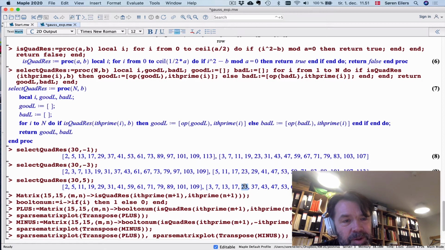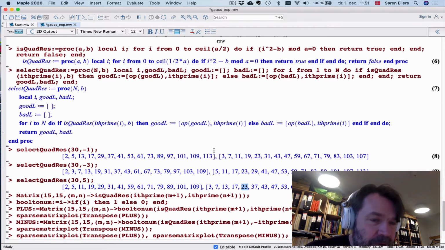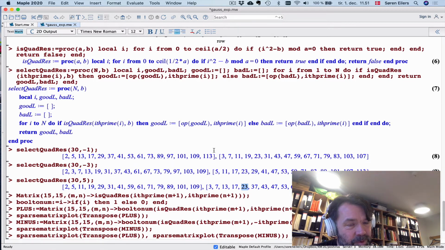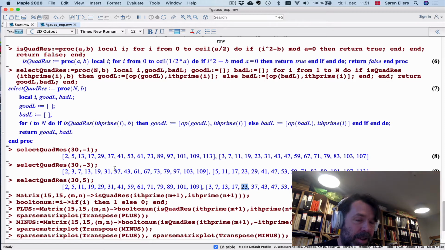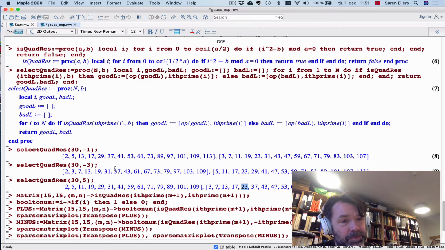So you can keep on going, and when you do this for a short while, if you're Gauss, who saw this pattern first, you see that there's actually a relation between when -3 is a quadratic residue mod p and when p is a quadratic residue mod 3.